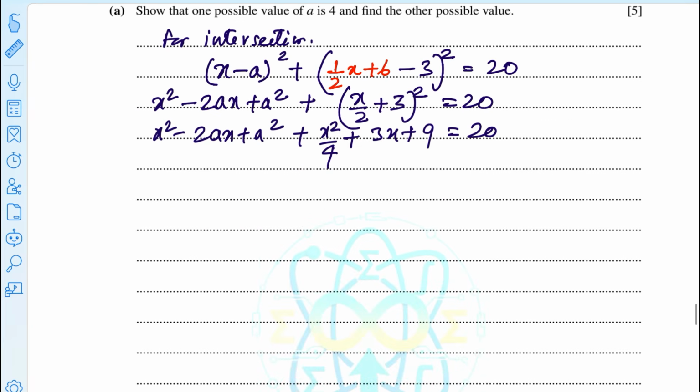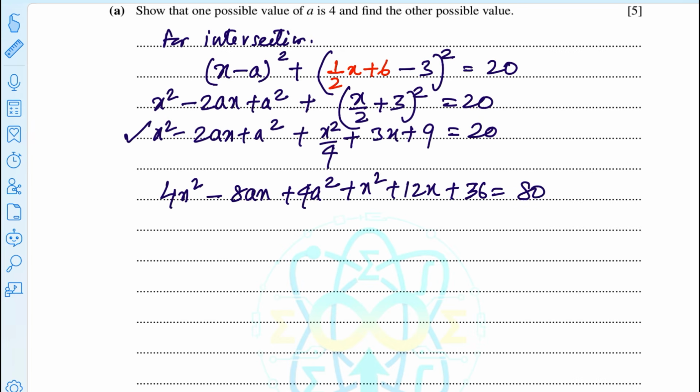Is it okay? We'll try to simplify more, but to remove the 4, each term is multiplied by 4. So if we do this, it will be 4x squared minus 8ax plus 4a squared plus x squared plus 12x plus 36, that equals 80, right?